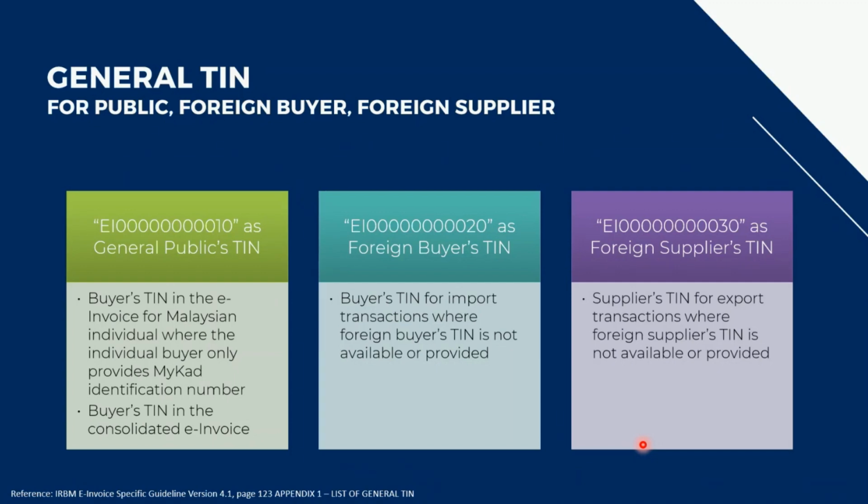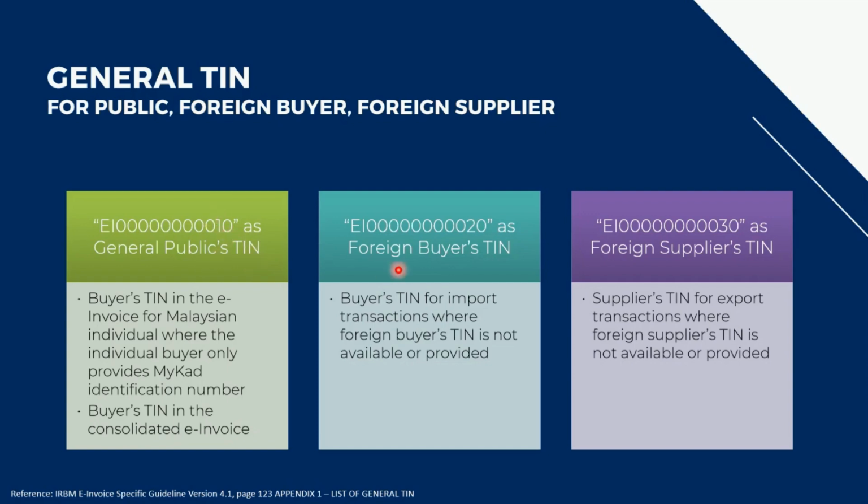The one ending with 10 is for the buyer who is unable to provide their own TIN number. We can just use this 10 as the general TIN for them. For example, if you have a cash customer who is unable to provide their own TIN number, you can use this number 10.